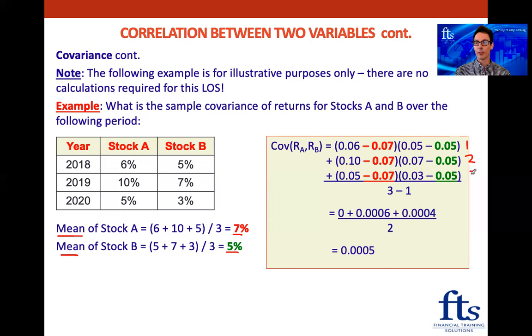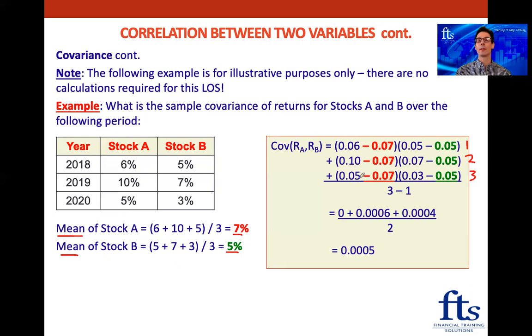For year 3, which is 2020, stock A did 5%, and its mean is 7. Stock B did 3, and its mean is 5, so stock B is deviating by 2% in year 3, 2020.